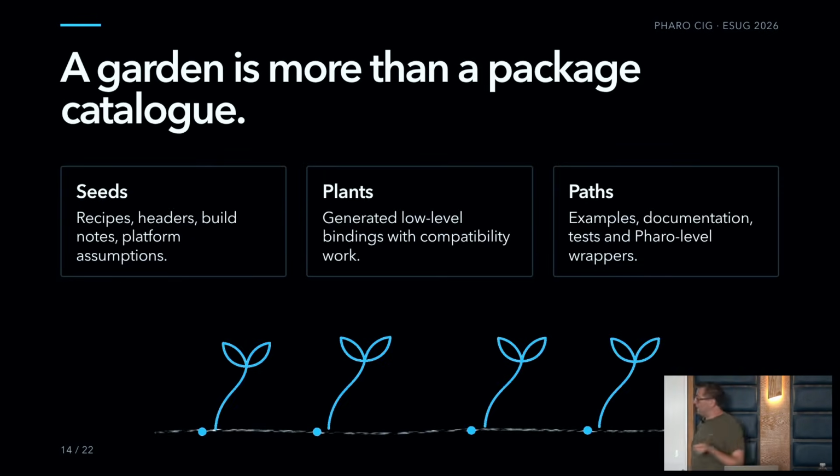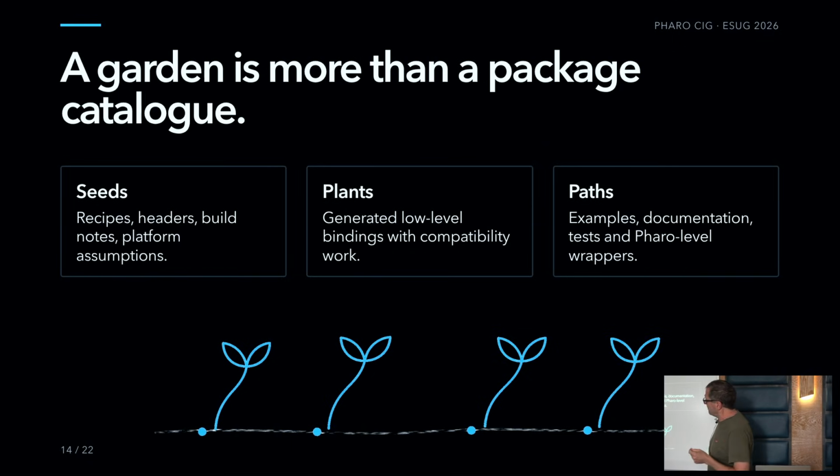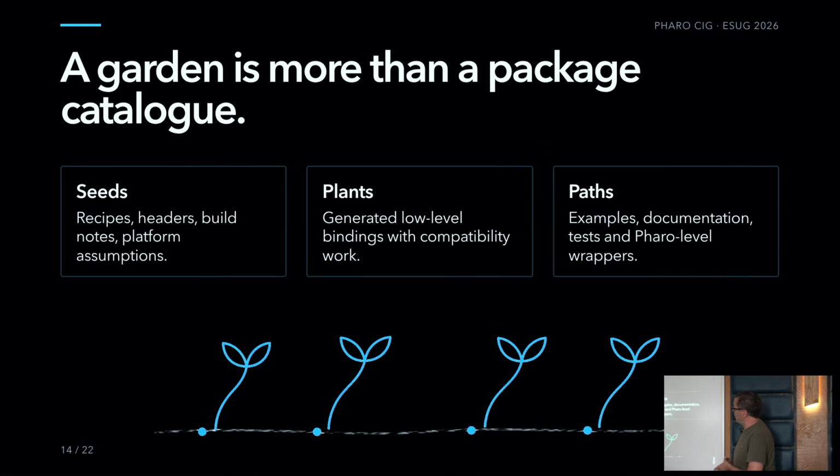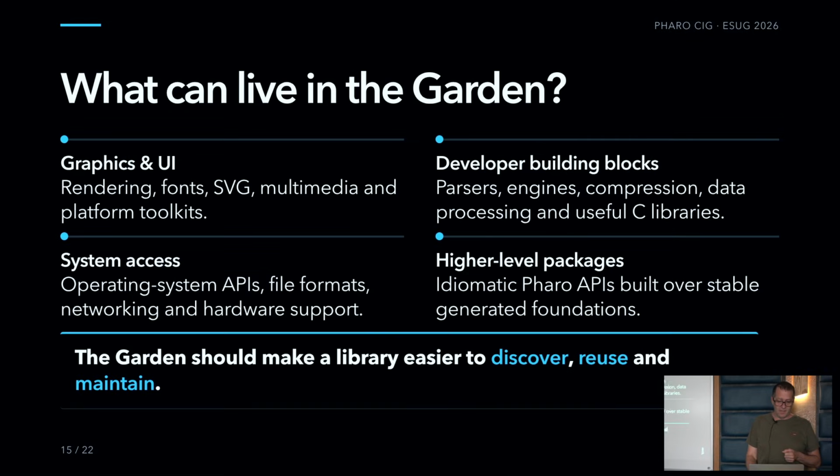Garden is more than a package catalog, but it will be a package catalog. It's a place where you can put recipes, headers, build notes, platform paths. Then you can put your generated libraries, and whatever you want to recommend. So, growing a garden of C libraries.